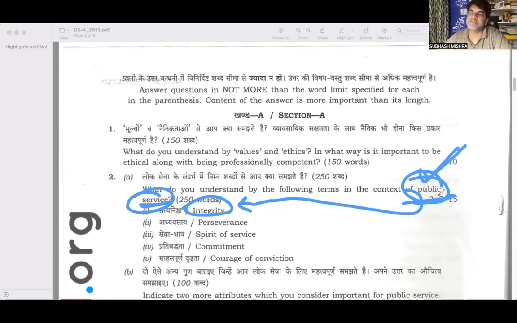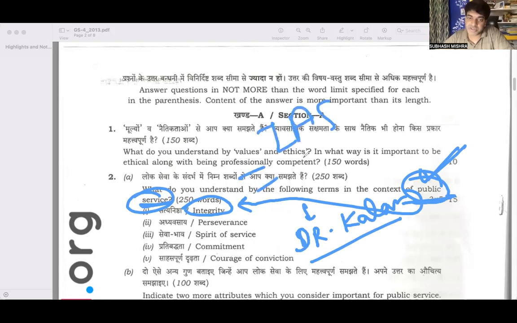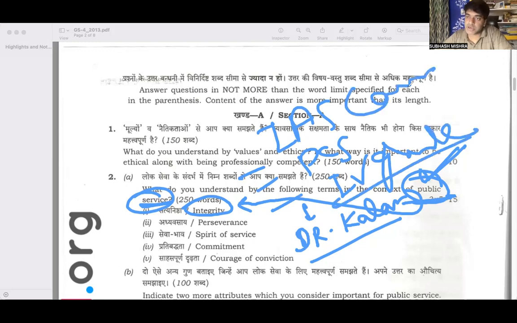So don't see it as only civil services or only civil servant, but write in a broader sense. So Dr. Kalam will be a public service oriented person, a public servant, when he was working in DRDO or anywhere. So Dr. Kalam's example will be coming because of that, not because he is an IAS officer or something. But in public service, IAS officer, PCS officer, fourth grade officer, even casual worker are coming because they are actually serving the cause of public service.